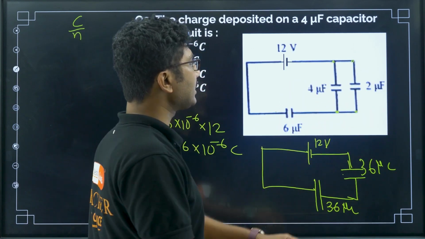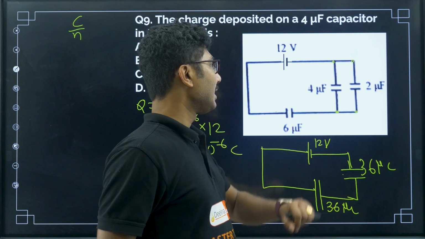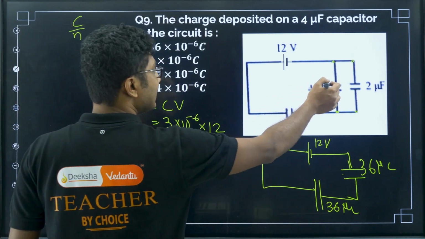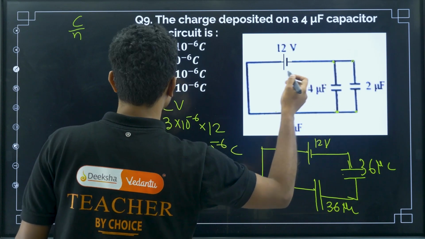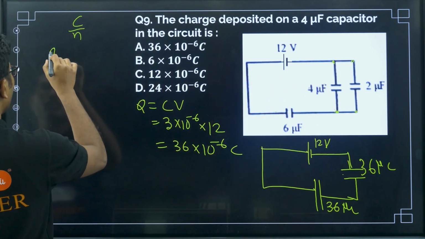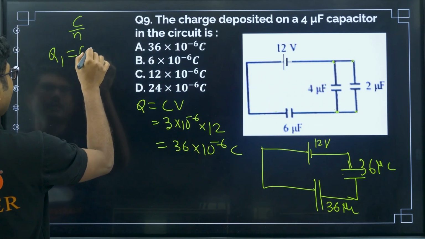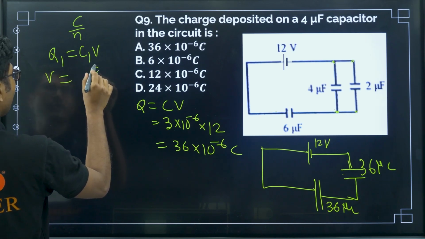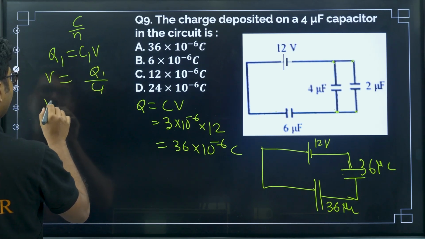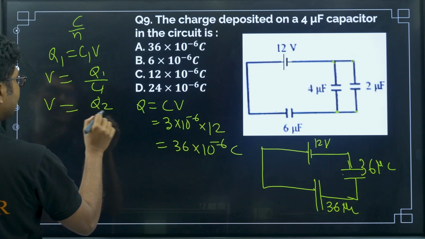Now which one has more charge? This one has more charge, this one has less charge. So what is the charge here? Suppose they have the same potential. Same potential means V is equal to Q1 by C1, and again V is equal to Q2 by C2.